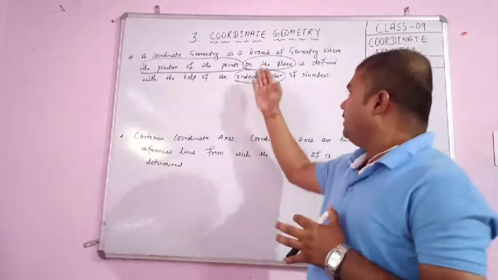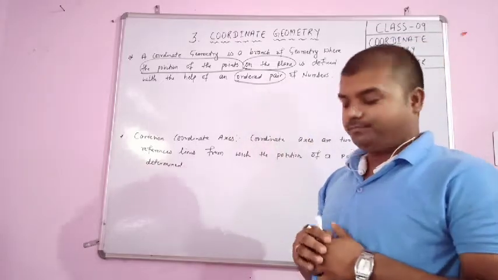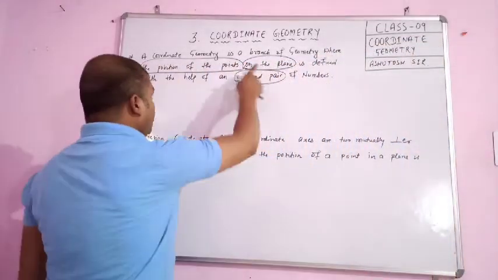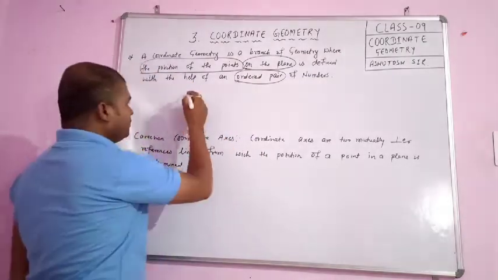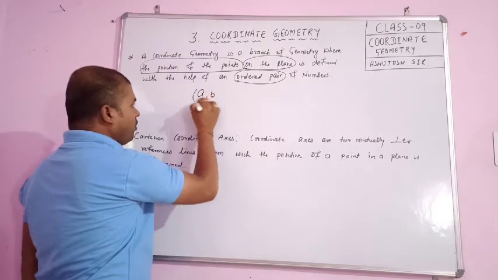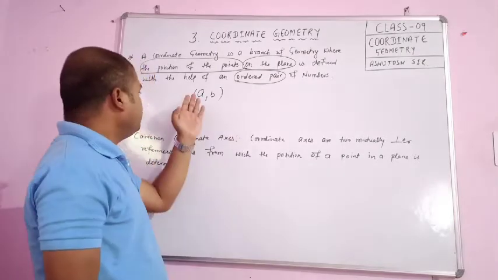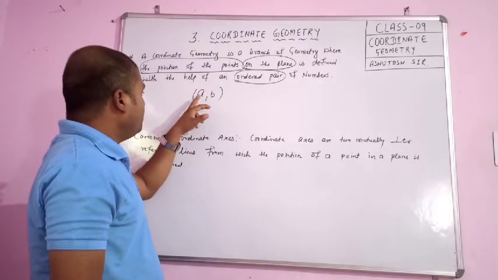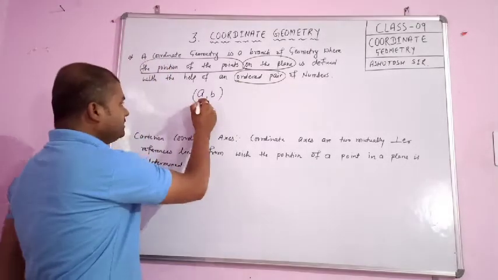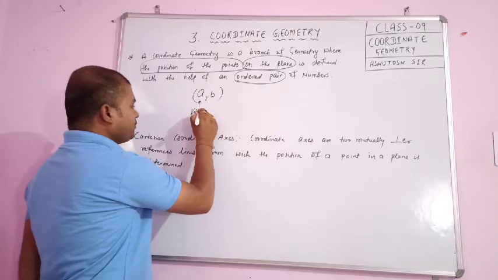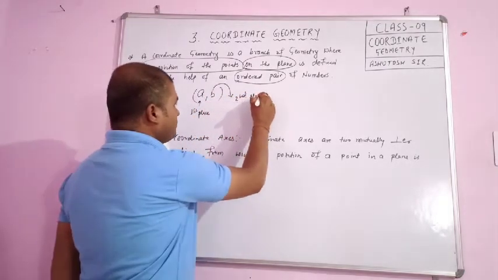And what is the meaning of plane and ordered pair? Position means that if you draw points A and B on the Cartesian plane, this denotes the position of the two points A and B, and the first point is in the first place and the second one is in the second place.